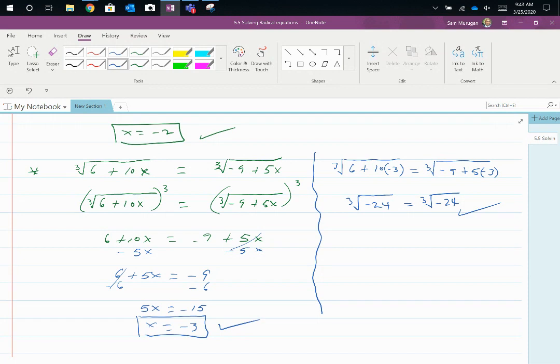All right, so there are two word problems in this section that I also want to discuss. Let me see if I can go ahead and copy and paste it over.